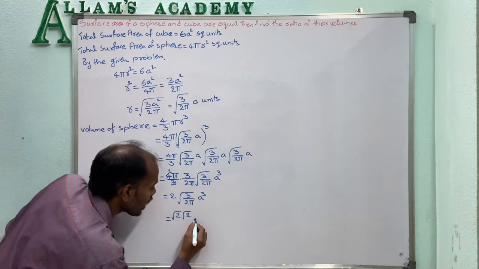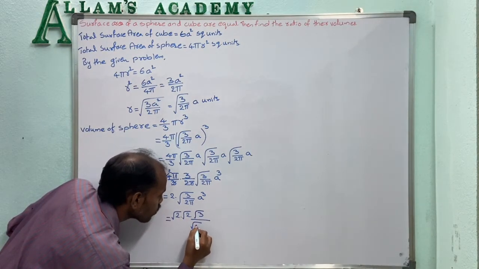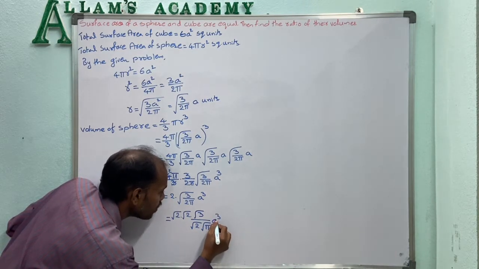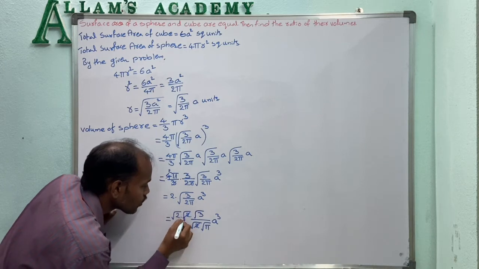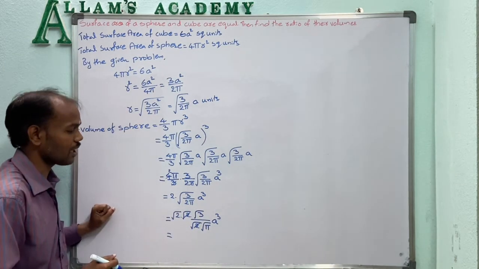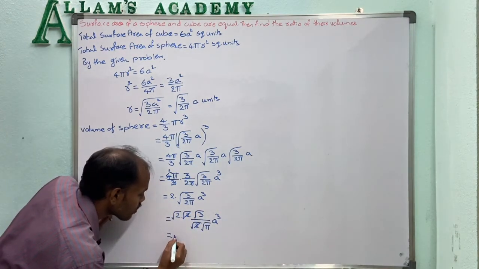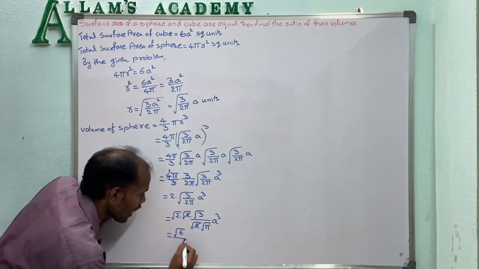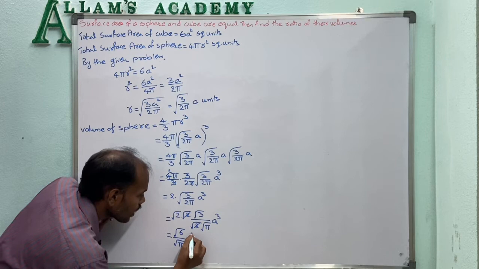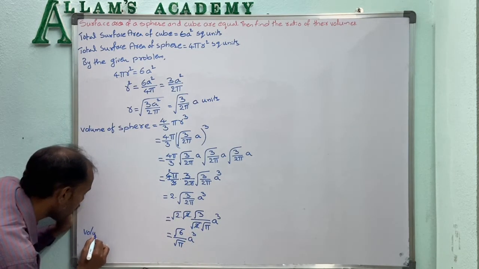So we can split this as root 3 by root 2 into root pi, a cube. Now root 2 gets cancelled. Root 2 into root 3, since root a into root b is root ab, gives root 6 by root pi a cube. This is the volume of the sphere.